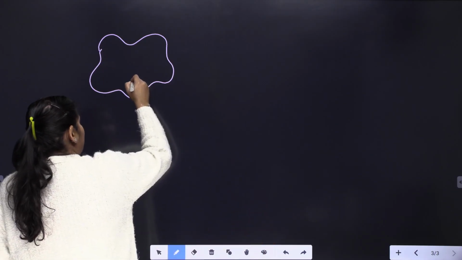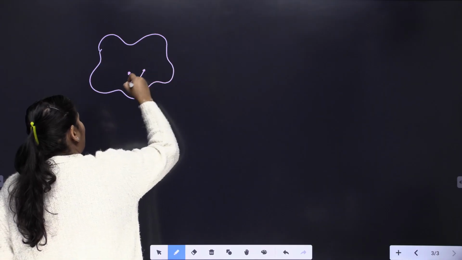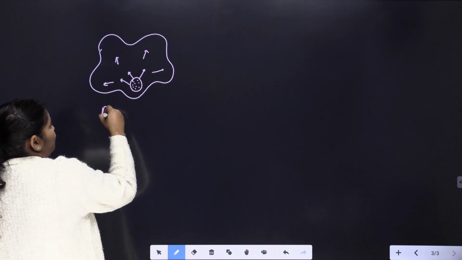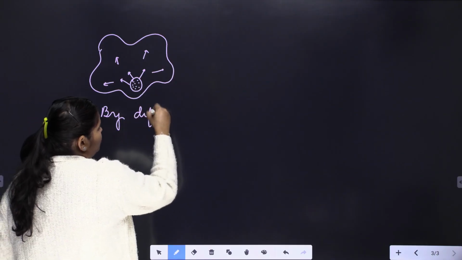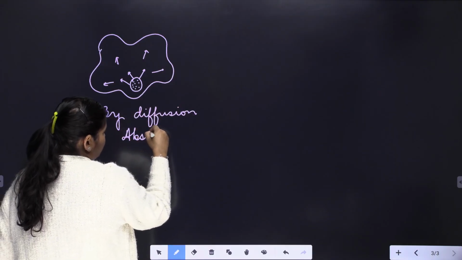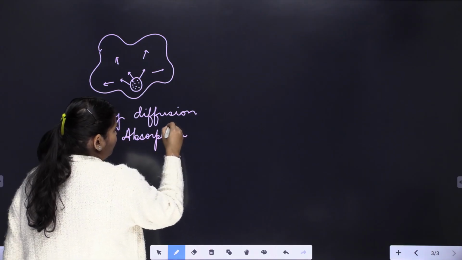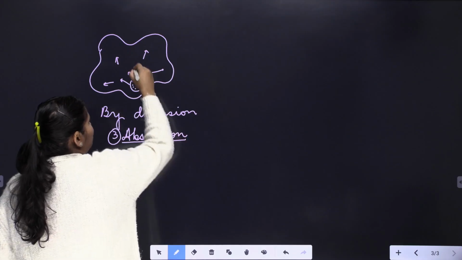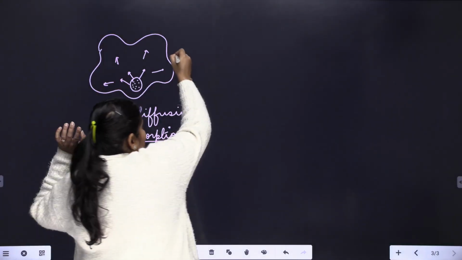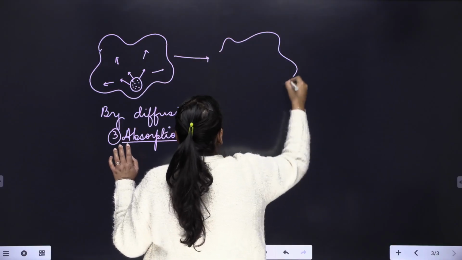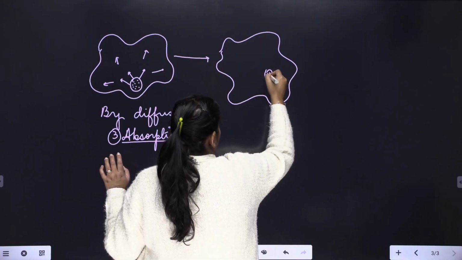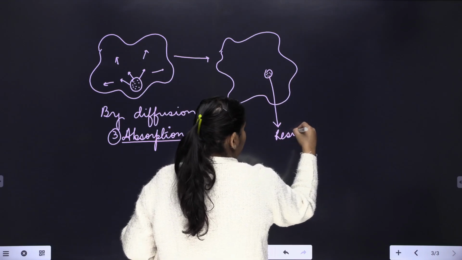This is the digested part. This digested part, which is useful, is moving within the cell by the process of diffusion. So by diffusion, we say that absorption is happening. This is the third step. The nutrients are diffusing within the cell cytoplasm, all right, from the food vacuole. But the food vacuole will now be left with something, and these are the residues.